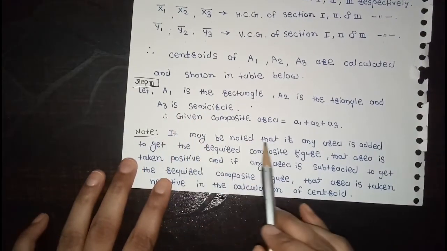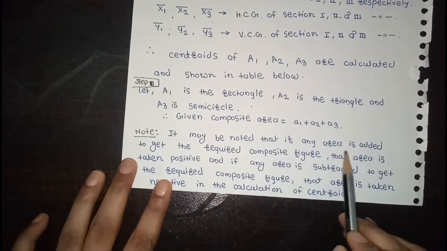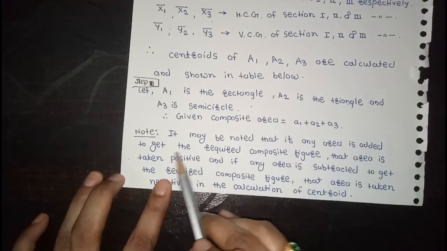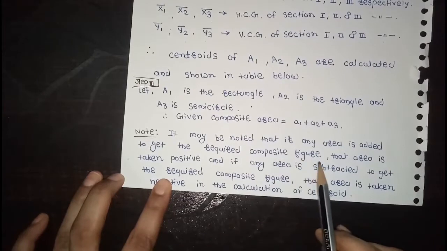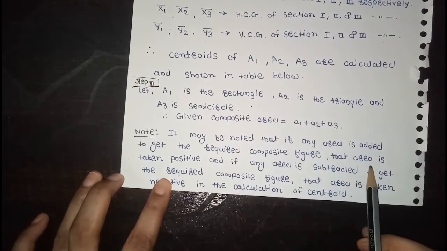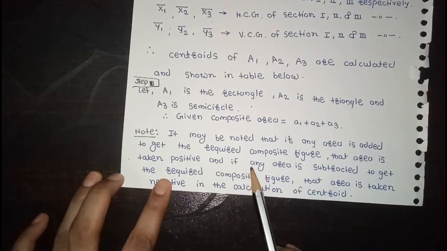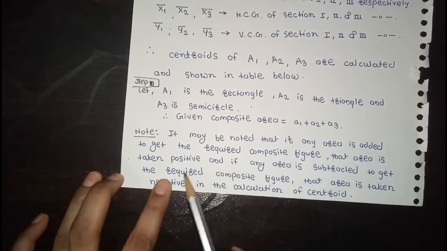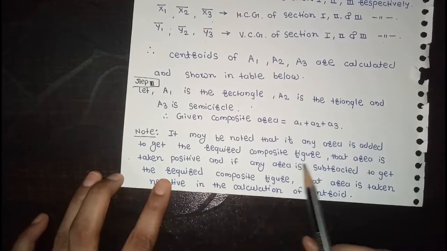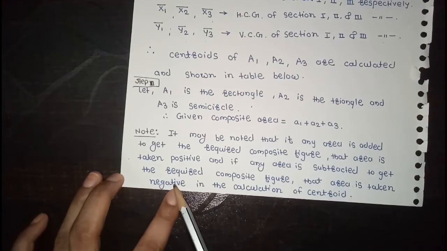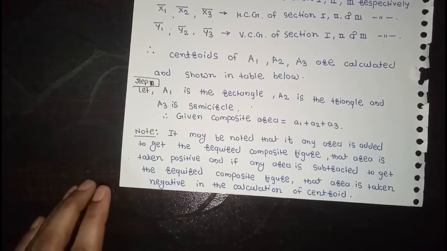Note: it may be noted that if any area is added to get the required composite figure, that area is taken positive, and if any area is subtracted to get the required composite figure, that area is taken negative in the calculation of centroid.